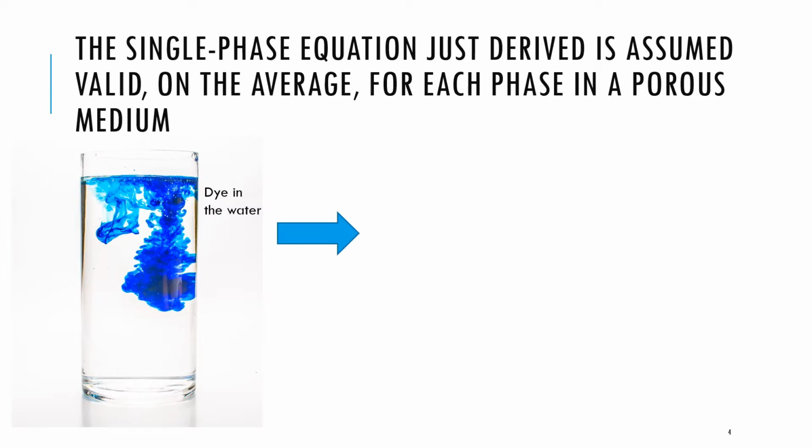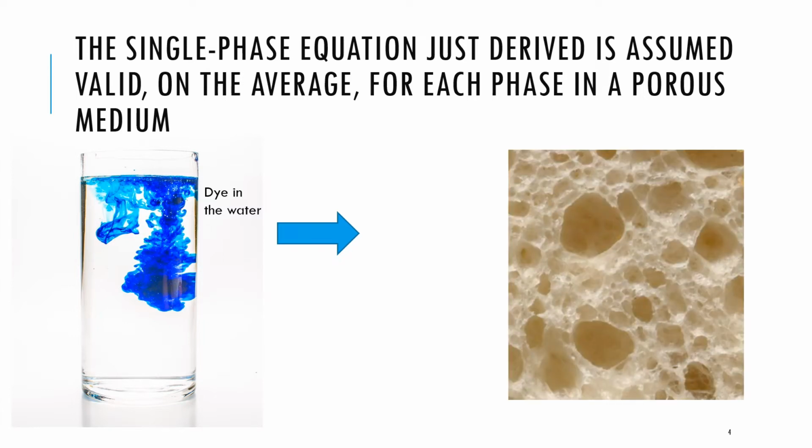The equation that we just derived is for a simple system, dye in the water. We're going to now extend it somewhat informally to a multi-phase porous media situation and say the same equation is valid on the average. But this is a big jump.